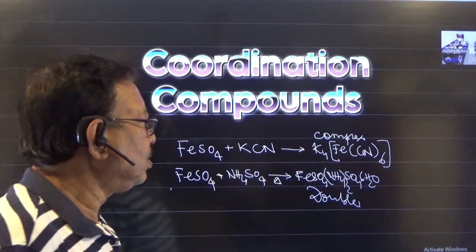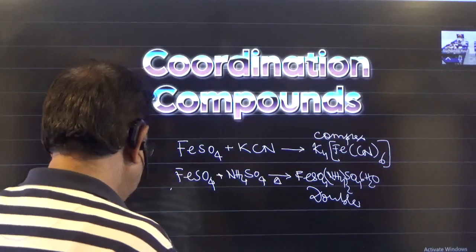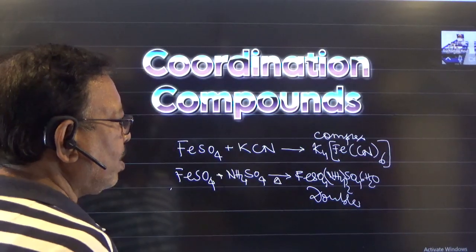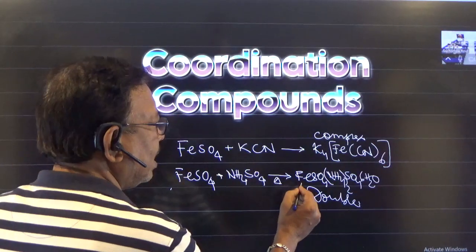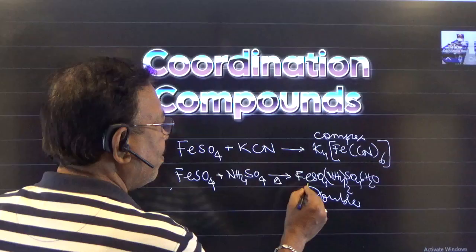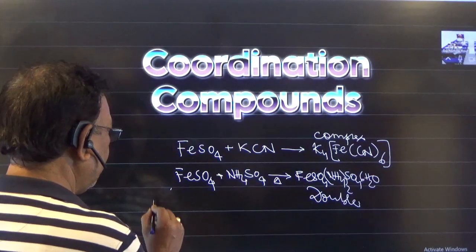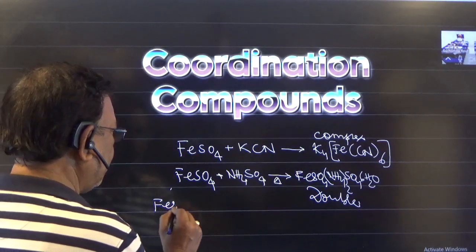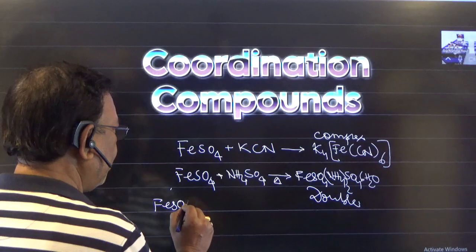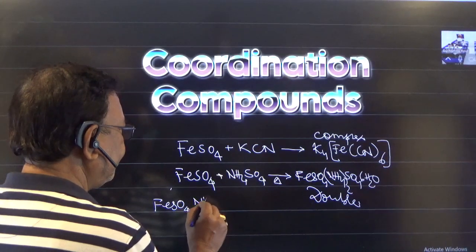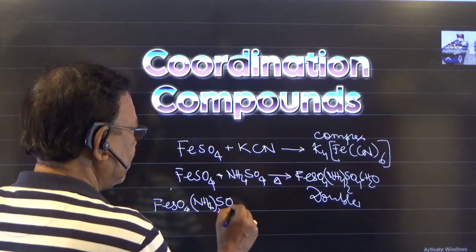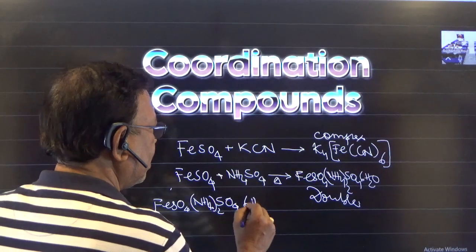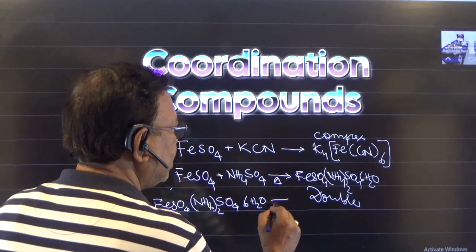Now, some more things I have to tell. In a double salt, say ferrous ammonium sulfate, this is ferrous sulfate, ammonium sulfate, dot 6 water.